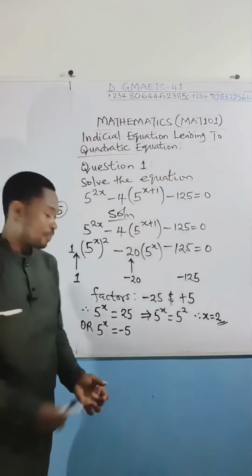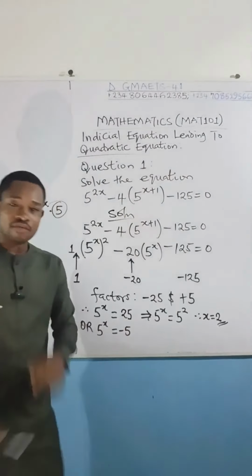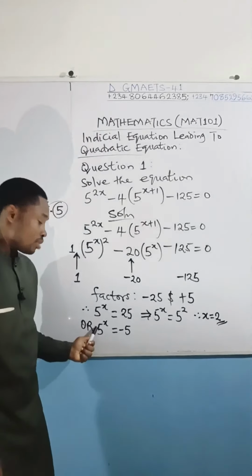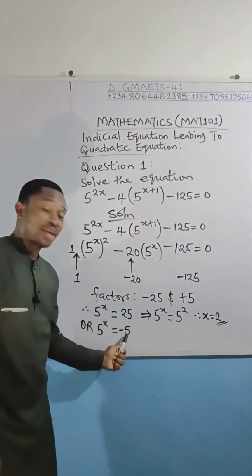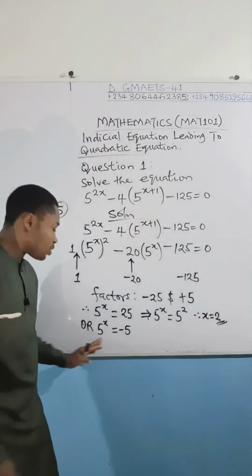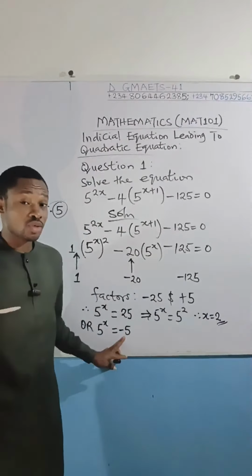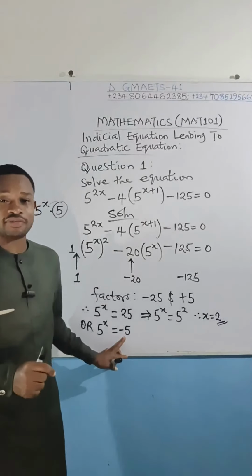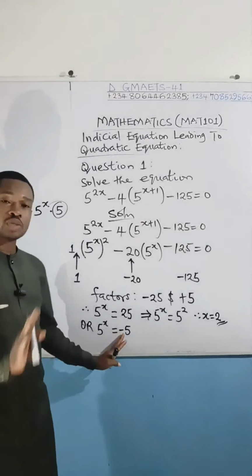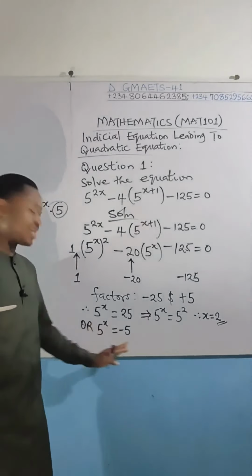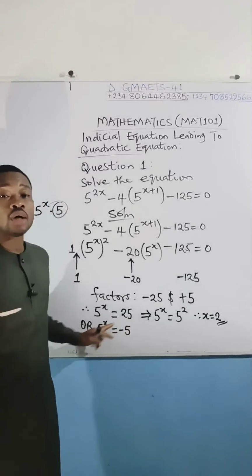You see this guy? There is no way, I repeat, there is no way you can express plus 5 to become minus 5. And so there is no way you can have the same base here. This is minus 5. Take note, it is not just 5. If what we had there was just positive 5, 5 and 5, good. We could have just said the bases are the same, so equate the powers.